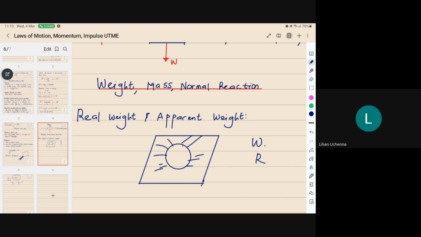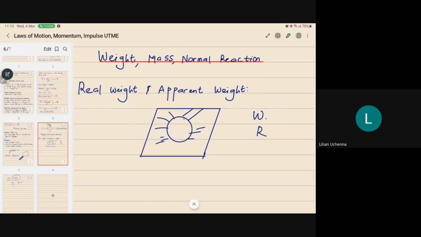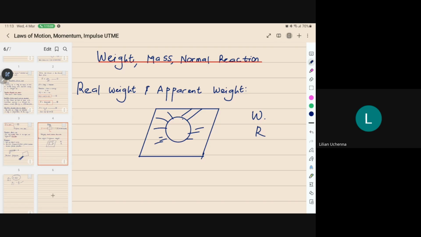You know? So when you climb there, your weight is acting downwards, and the scale is exerting its own force on you, right? Good. Now, that said, there is something that we need to understand that happens right there. Because this scale is on the floor, it is not moving.